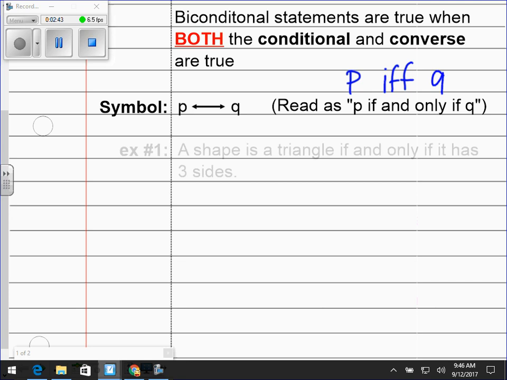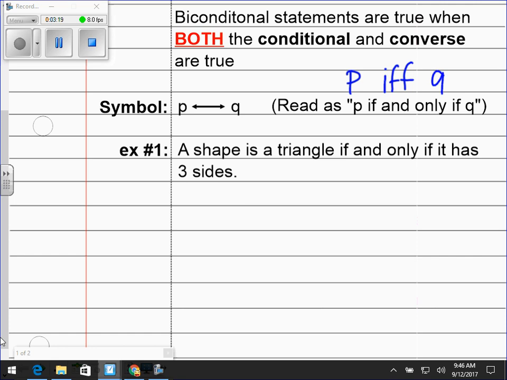So, example 1. A shape is a triangle if and only if it has 3 sides. This was the last one on your worksheet we just did. In this, you know that this is a biconditional because it has the if and only if written. When we talked about the converse, inverse, contrapositive, and the original conditional statements, it would say if something, then something else.